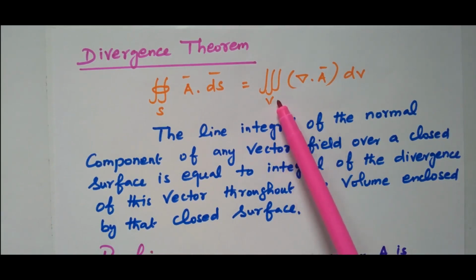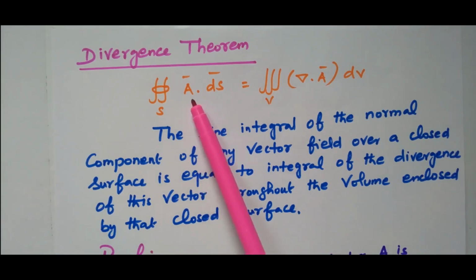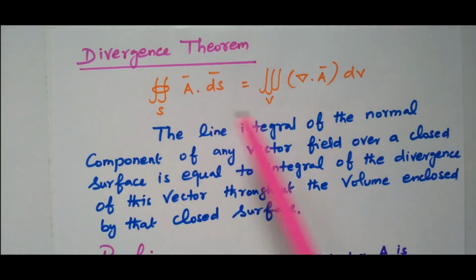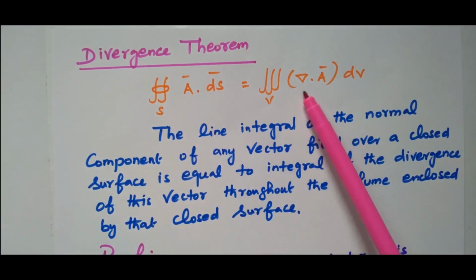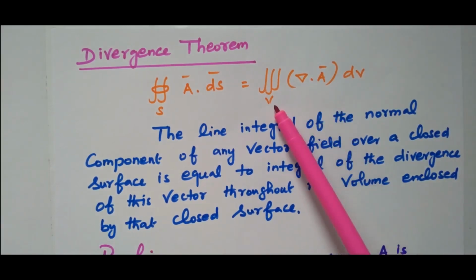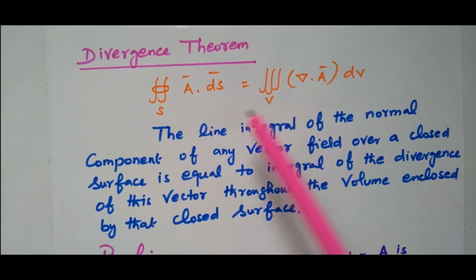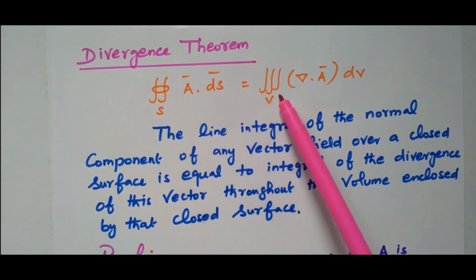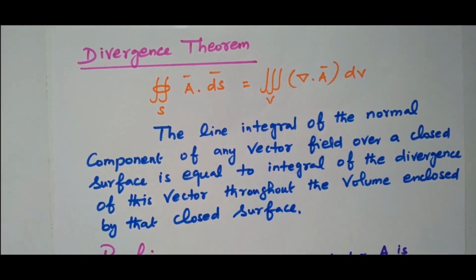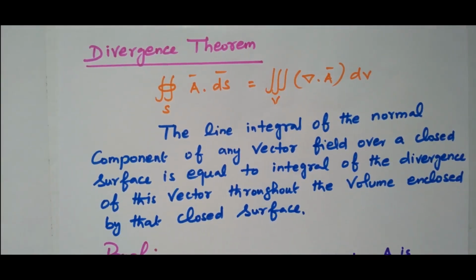So this is a surface, and this one is the volume enclosed, right? So the surface integral of any vector field is equal to the divergence of that field over the closed volume, relating the surface integral to the volume integral, right? This is the statement of the divergence theorem.